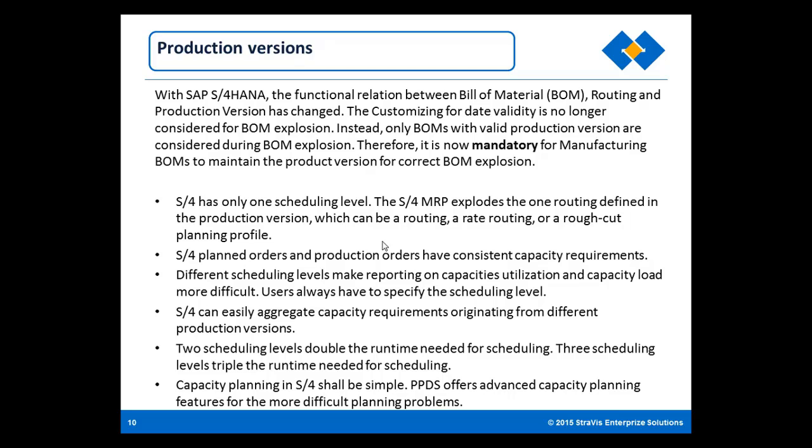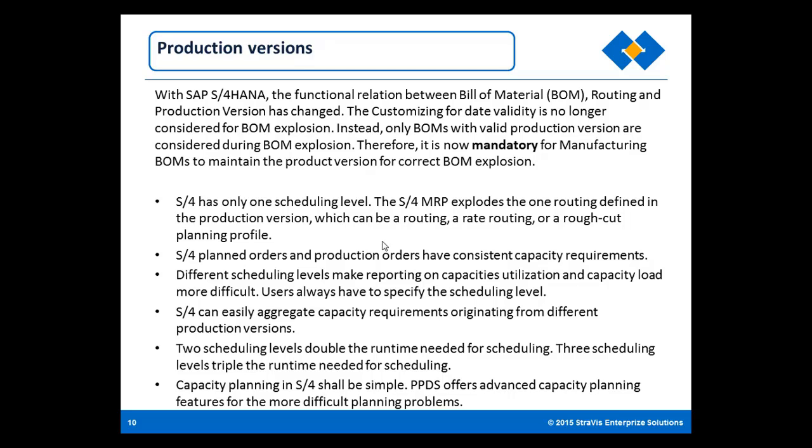Since S4 HANA has only one scheduling level, the runtime is only the minimum required for that particular scheduling level. And capacity planning in S4 is simple, because there are no multiple scheduling levels, and PPDS offers advanced capacity planning features for more difficult planning problems.